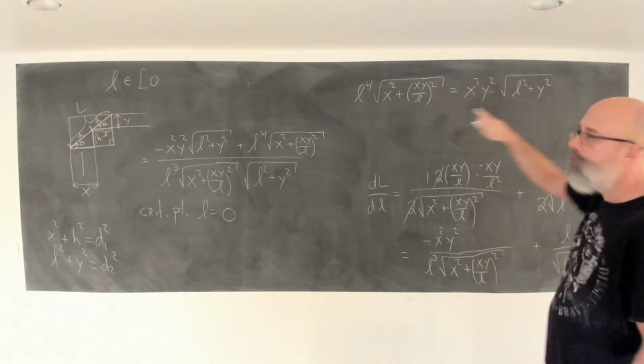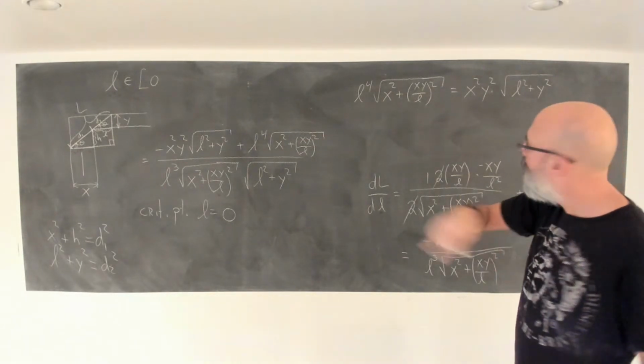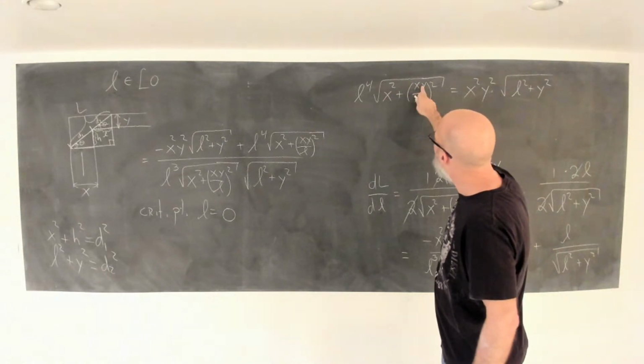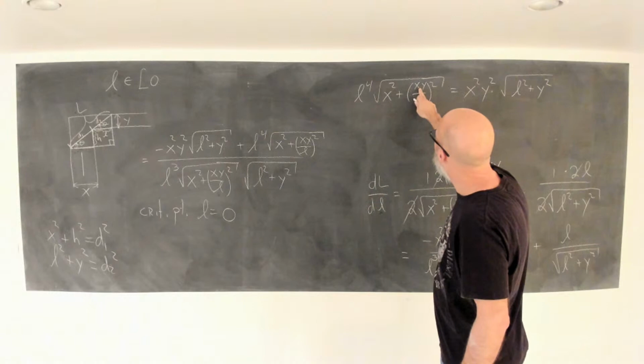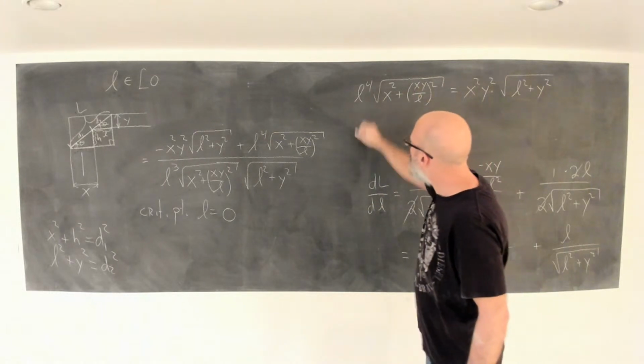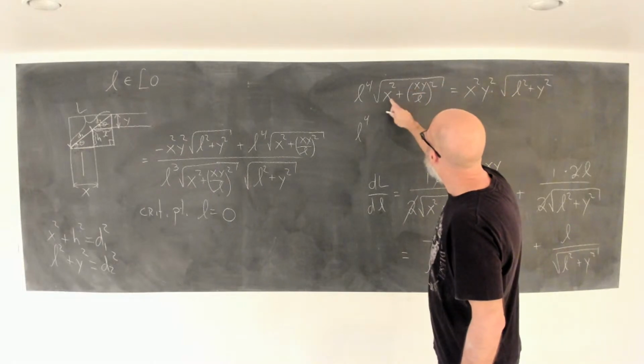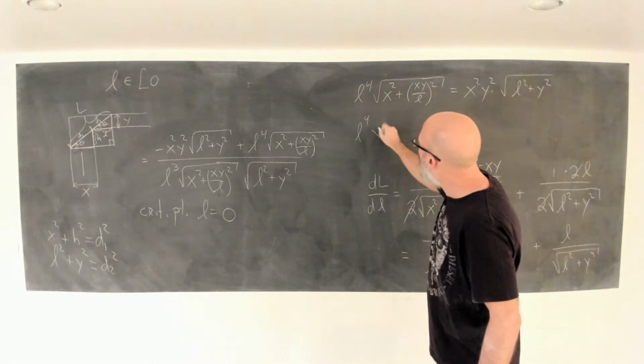Oh, you see it? Do you see it? If you factor out an x squared from here, this is going to be the same as, so take out an x squared.